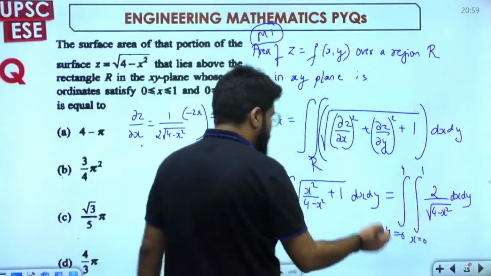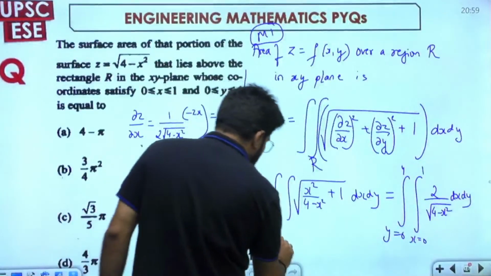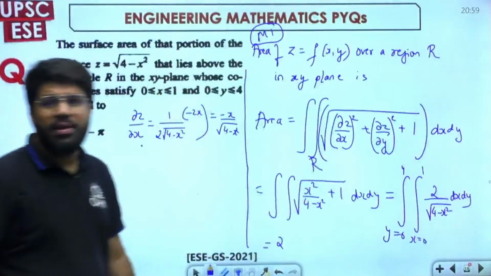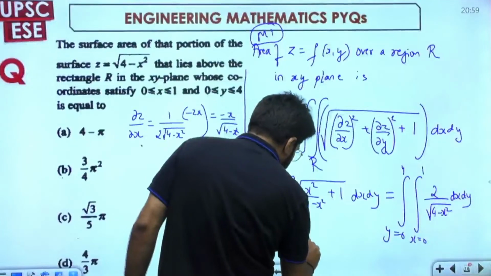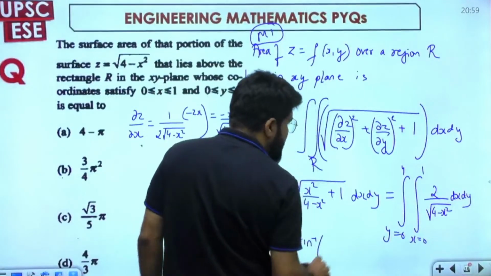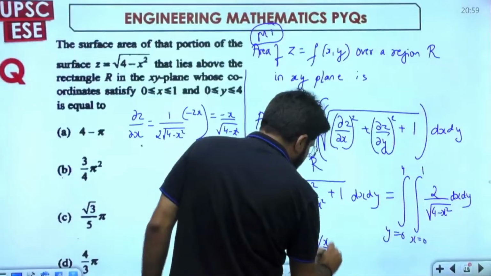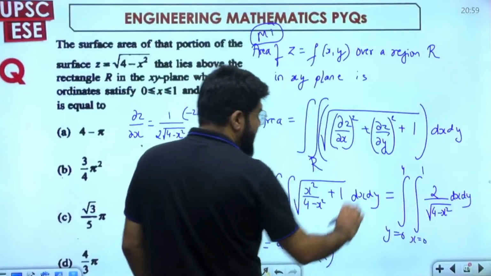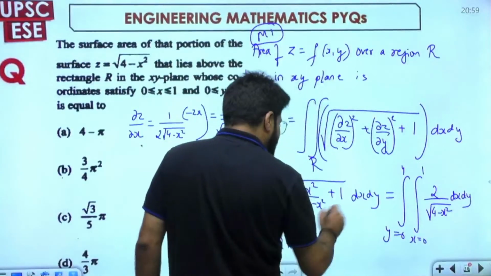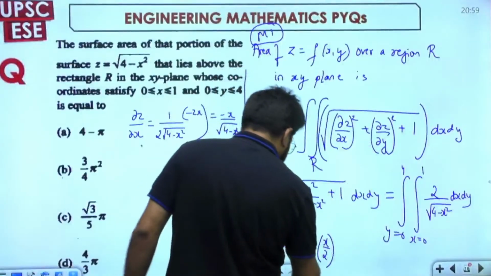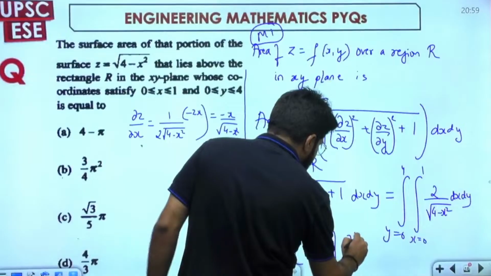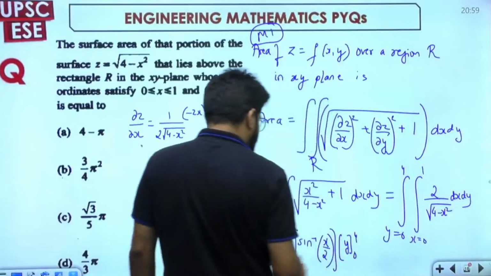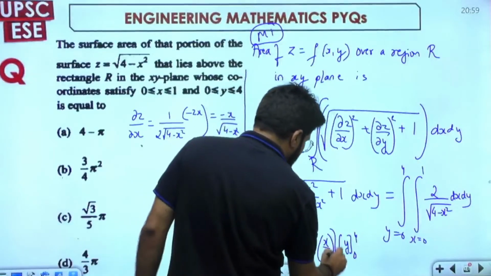This is almost done, so let me complete this. So 2 and 1 upon under root a square minus x square gives sine inverse x by 2. That is the integral with dx first. Because the limits are constant, we can do it in a single step. Integral dy will be y with limit 0 to 4, and x limit 0 to 1.